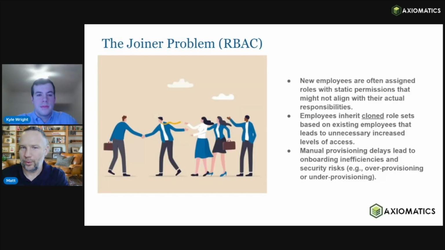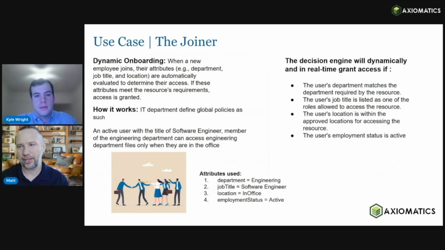Now, once we understand what the problem is, let's take a look at how ABAC, and not just simply Axiomatics, but how attribute-based access control works. The way it would happen is typically in the same sense. You have that new user coming on board, and the first step is that IT adds all the data points about that user into Active Directory or Entra ID, and those data points are what make up who the user is.